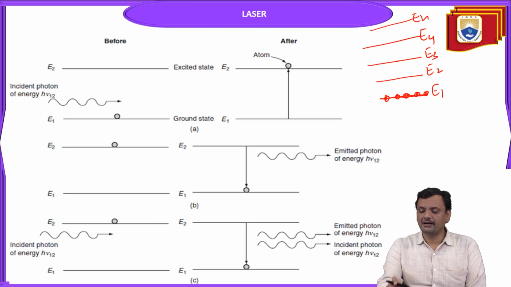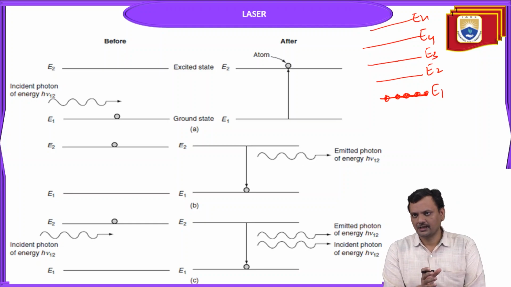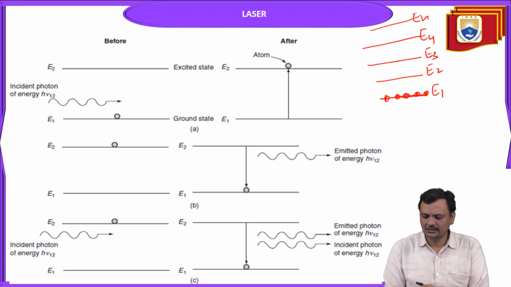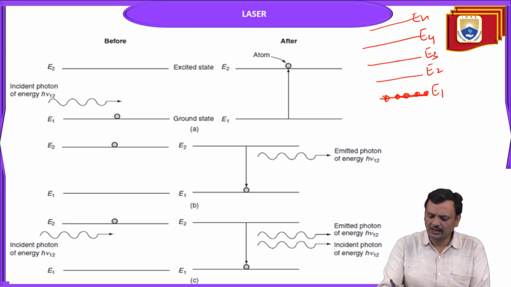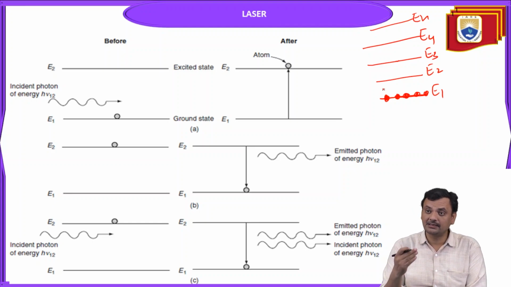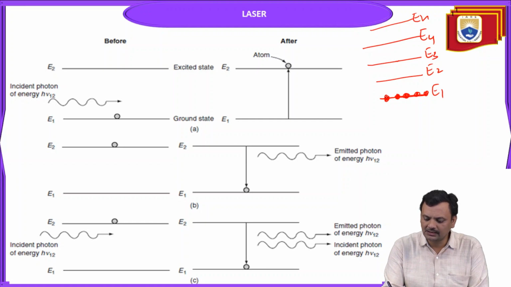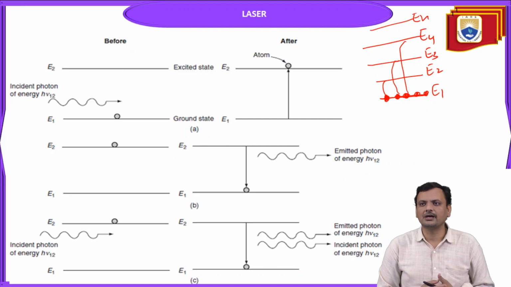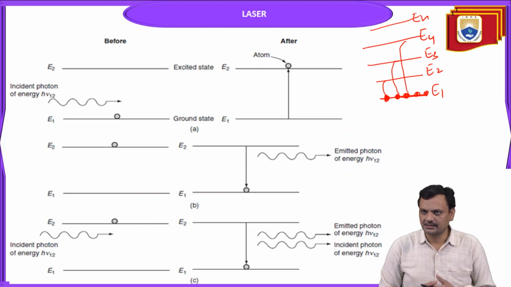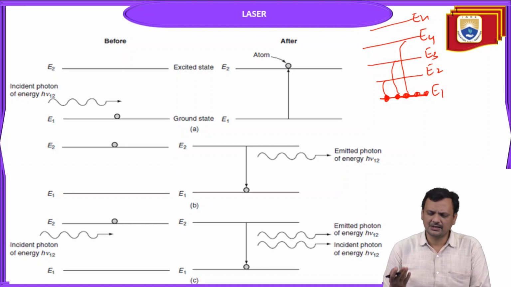But if that material is exposed to some sort of energy, like light, heat, or mechanical energy, these electrons acquire energy from that external source, and if that energy is sufficient, the electrons jump to a higher excited state. The available higher states are E2, E3, E4 up to En.